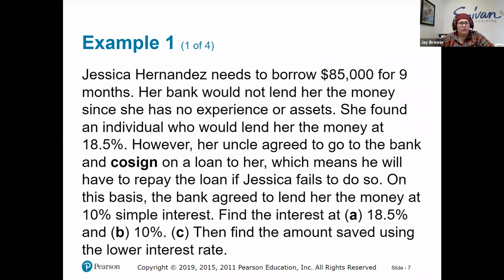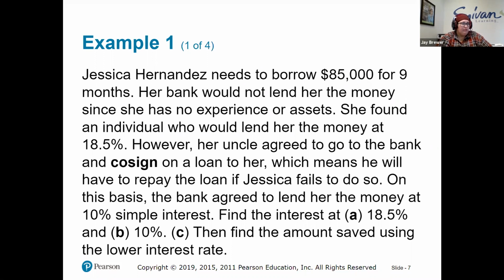Let's look at example 1. Jessica Hernandez needs to borrow $85,000 for 9 months. Her bank would not lend her the money since she has no experience or assets.